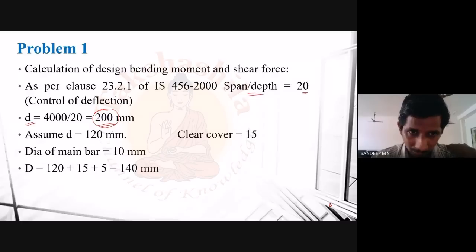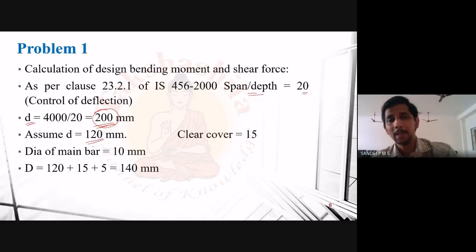Even though I have obtained a value of 200 as the minimum requirement, I am assuming my effective depth to be 12 centimeters or 120 millimeters. But I am not making this mere assumption.